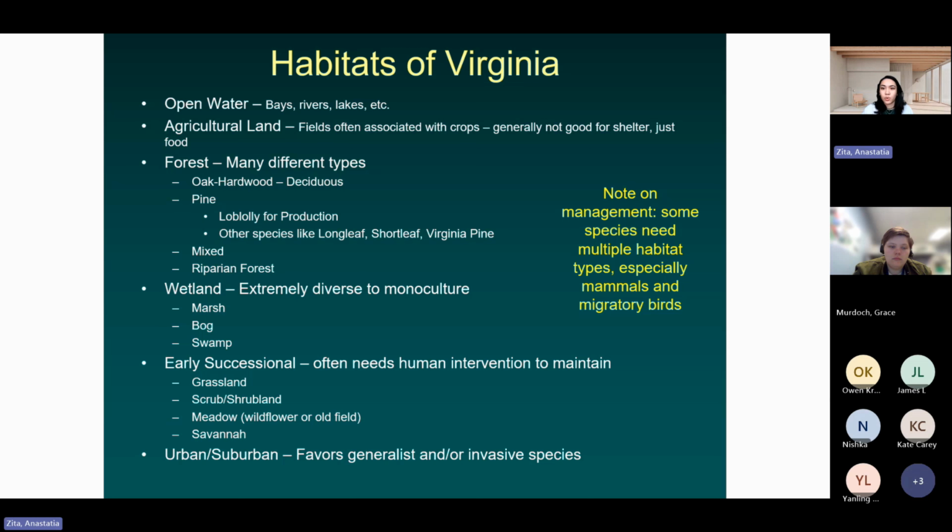Each habitat supports a different community of plants and animals and may require human intervention to maintain their diversity and ecological health.